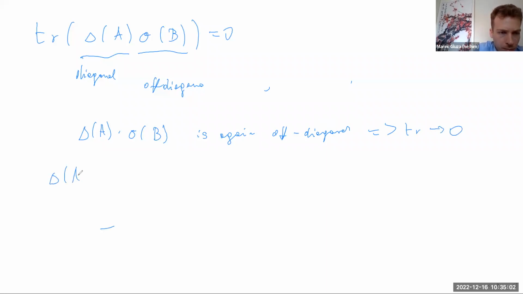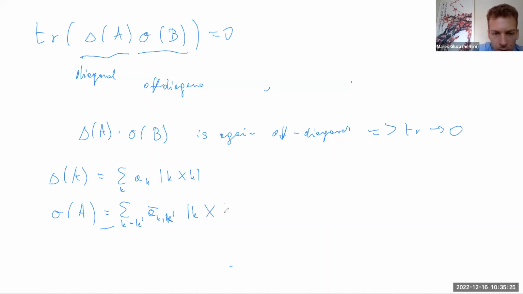For example, in a basis, we can express delta A as the sum of A_kk |k><k|, and sigma of B as the sum over k not equal to k prime of B_kk' |k><k'|, maybe with a bar here. If we multiply the two together, so maybe here A and here B as well.